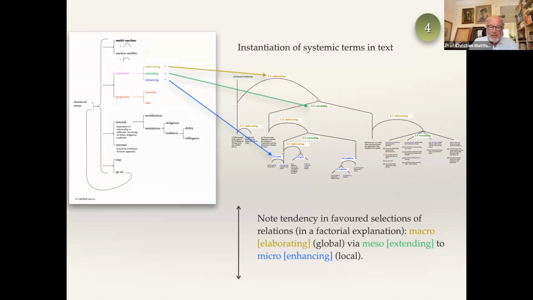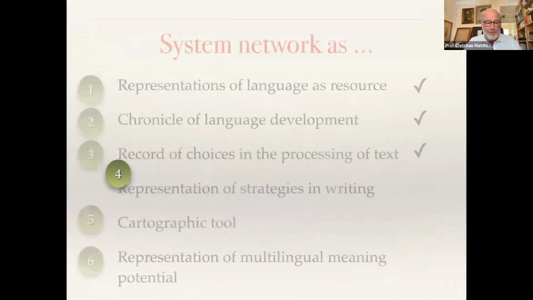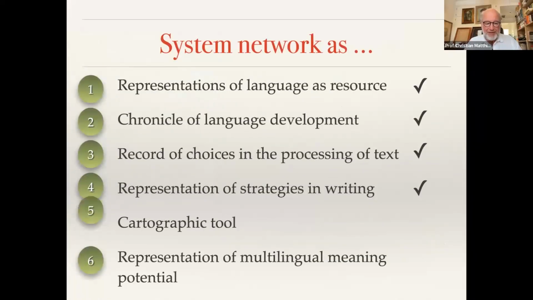But note again this tendency for selection of relations in a factorial explanation: macro elaborating, meso extending, so in between micro and macro, and micro enhancing. And that will vary according to the text type, according to the register, the genre. And that is part of what you learn when you expand your meaning potential in the language by adding new registers. So that was fourth.